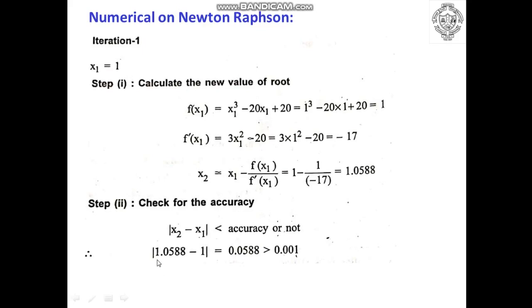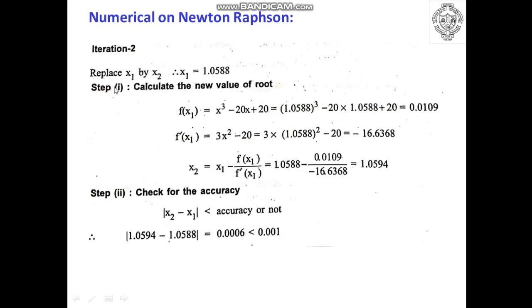Absolute value of subtraction of 1.0588 and 1, the answer is 0.0588. Now if you observe, this is greater than 0.001, so we have not reached this particular accuracy, hence we have to go for second iteration. When you reach this particular accuracy, you can stop.